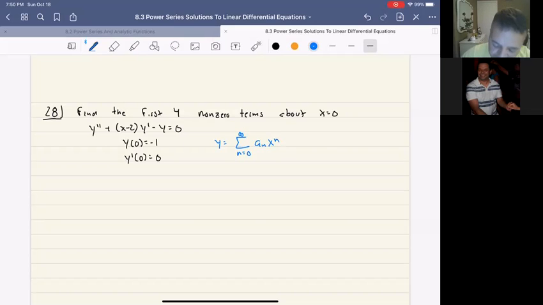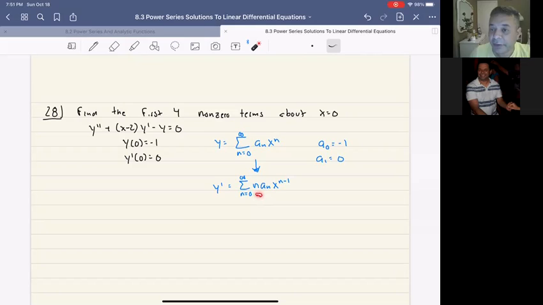Okay, a sub 0 is -1, and a sub 1 is 0, because you take y prime, that's going to be the sum, n goes from 0 to infinity, n, a sub n, x to the n minus 1. Of course, the n equals 0 term is 0. So the first term, the one that's going to give us what happens at 0, is given by n equals 1.